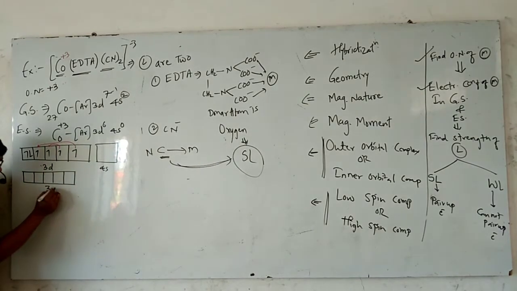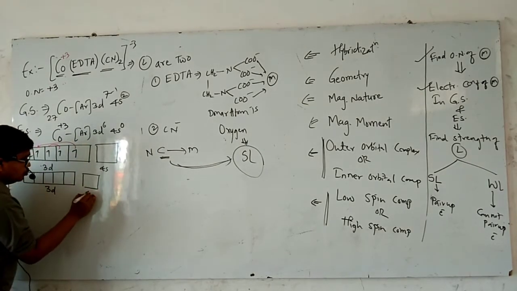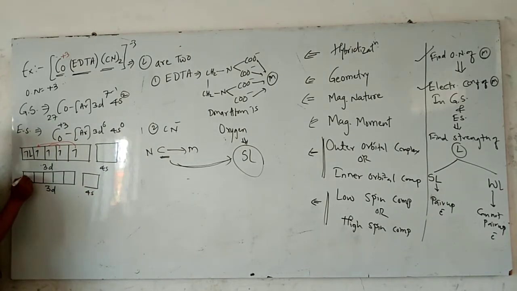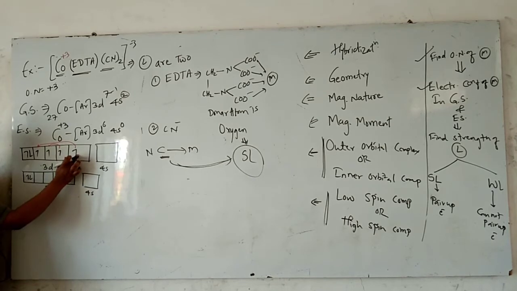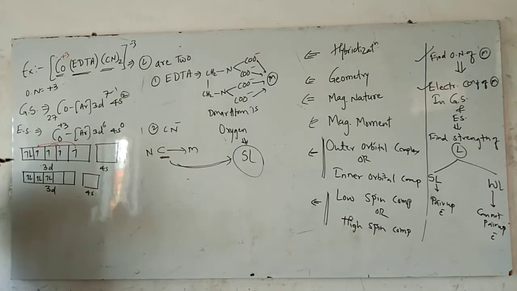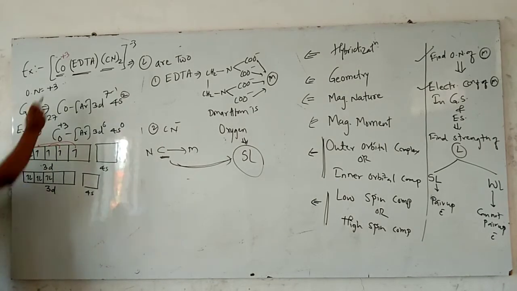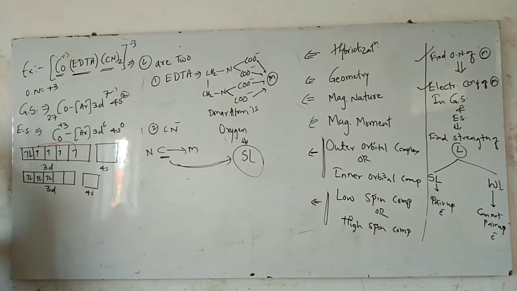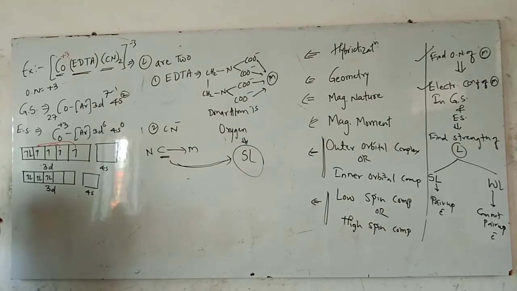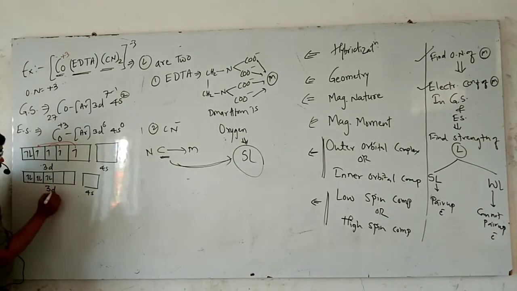This is your 3d, next to 3d 4s. These two electrons will be as it is. Now when these four electrons will pair up, it will be like this. Okay. Now we have filled the electrons of central metal atom. Next to central metal atom, we are going to fill the electrons of ligand. Now we will start filling electrons of ligand from this block.